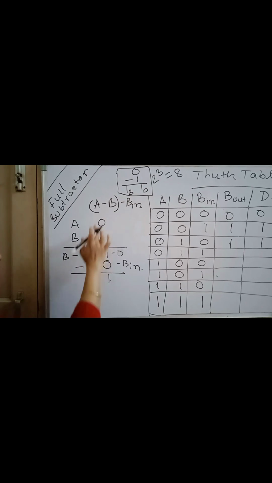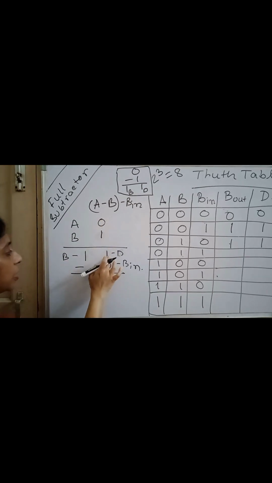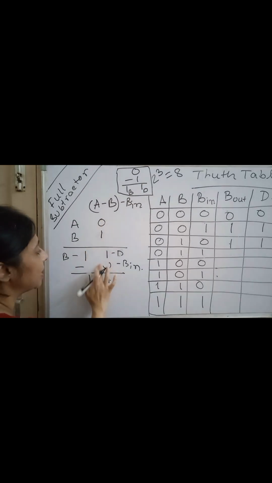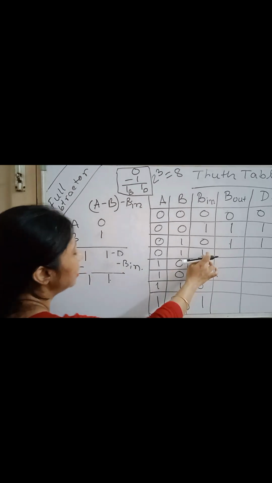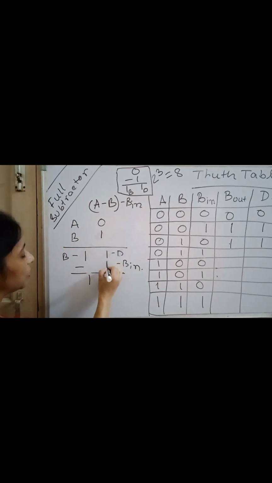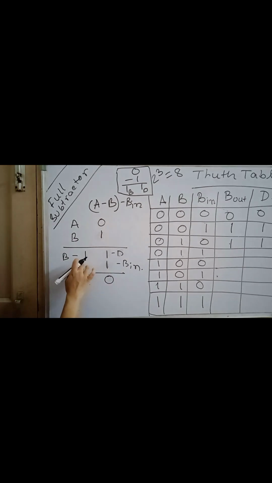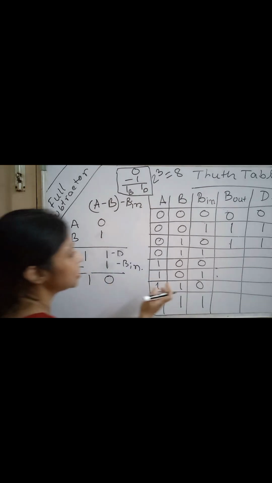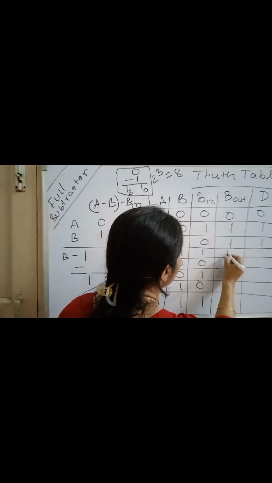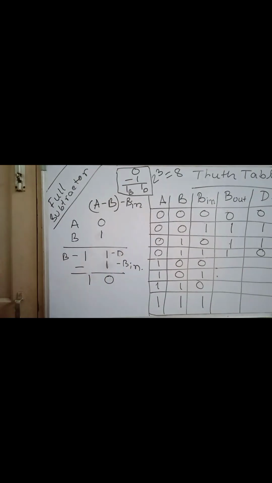So do the difference. 0 minus 1 is difference 1, borrow 1. Minus, what is your B in here? 1. So what will be your difference? Difference will now be 0 but borrow will remain 1. So what is the output for this one? That is 1, 0. Right?